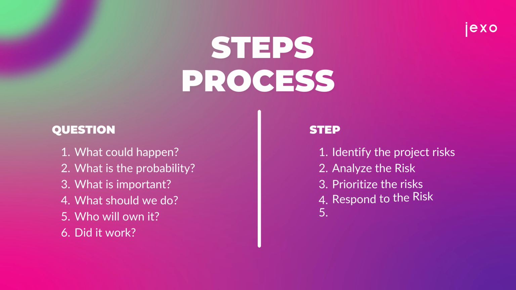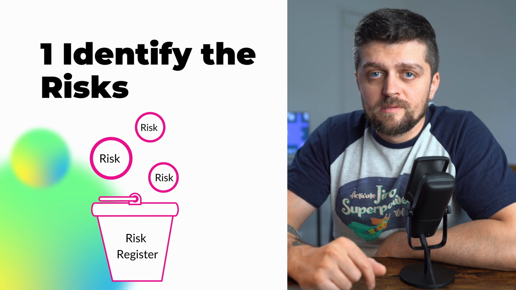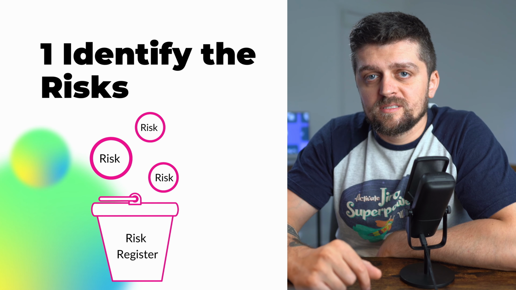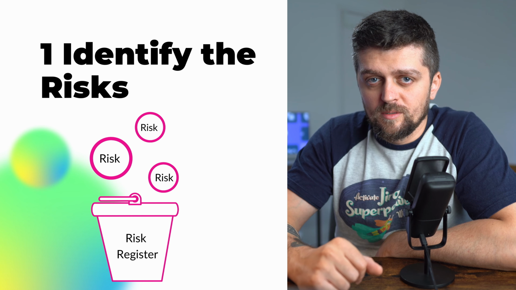So now if we translate these simple questions into a step-by-step process, we would be looking at something that reads as follows. Identify the project risks, analyze the risk, prioritize the risks, respond to the risk, assign the risk owner, and monitor the risk. The first step is to list all your potential project risks and what their characteristics would be.